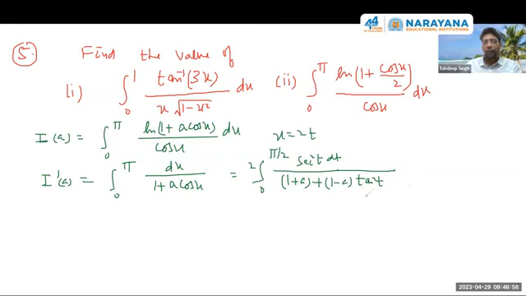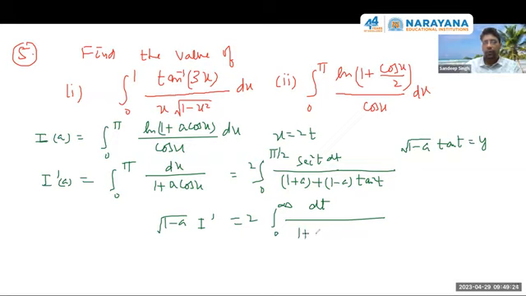So now I shall substitute under root of (1 minus a) tan t equal to y. So this will again be 0 to infinity, dt, I dash, divided by the root of this whole, upon 1 plus a plus y square. So now you can do it. So this will be how much, depending on a?